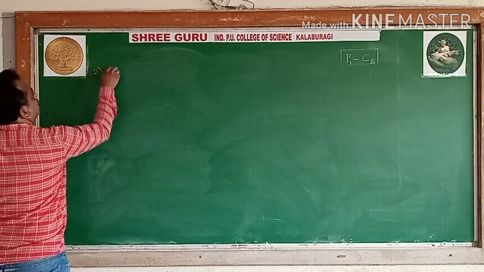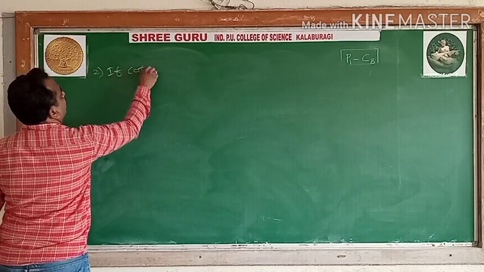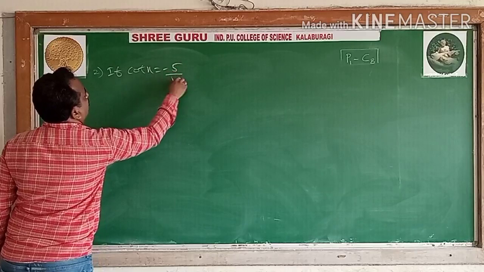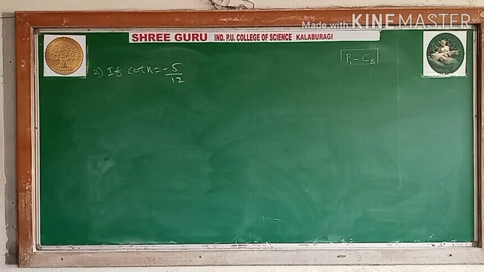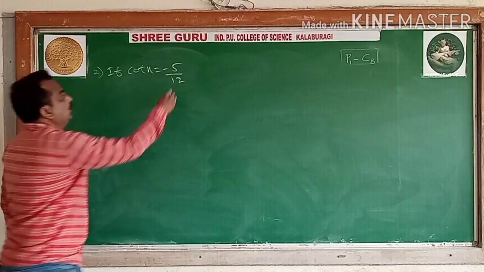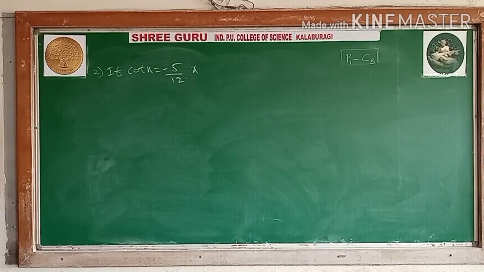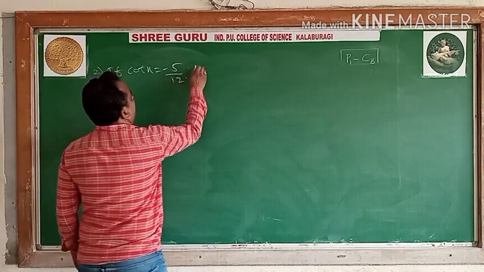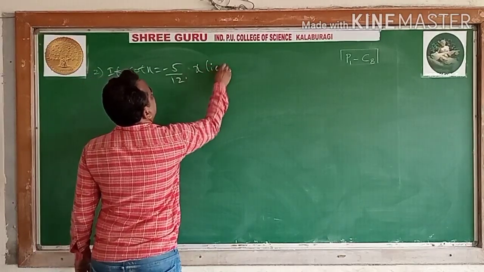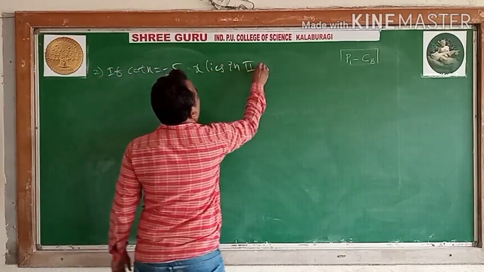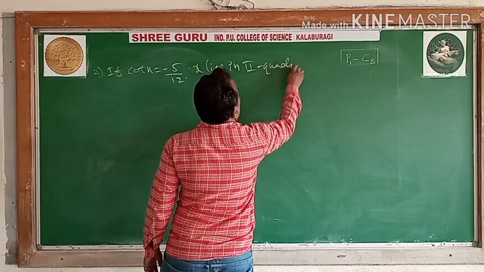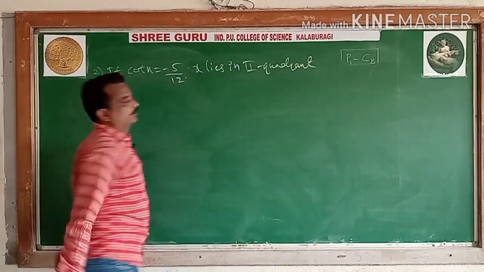If cot x equals minus 5 by 12, x lies in the second quadrant. Which quadrant, students? Second quadrant.